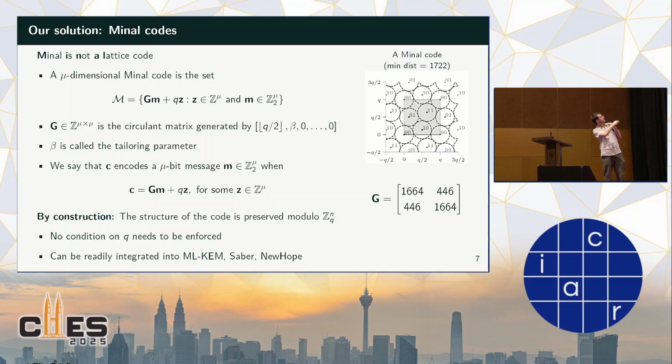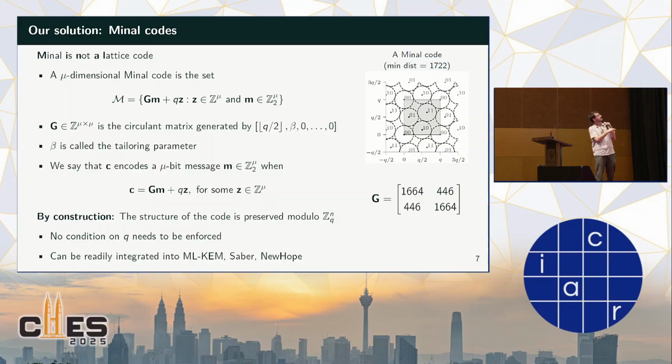You take an integer matrix G that is a circulant matrix generated by this sparse first row. You just get this row and repeat it using circular shifts. The first coefficient is Q over 2, and the other one is beta, which is a scheme parameter. Beta is called the tailoring parameter, and we will see why it's called that in the next slide.